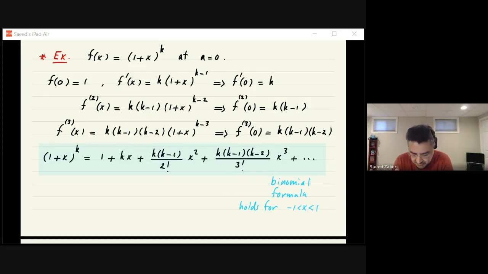The interval of convergence is -1 to 1. And this power series, as a matter of fact, is equal to the function 1 plus x to the power k. One special case of this formula we have seen before. Can you tell me which special case? For some special value of k, this formula is something we've seen before. What is that?